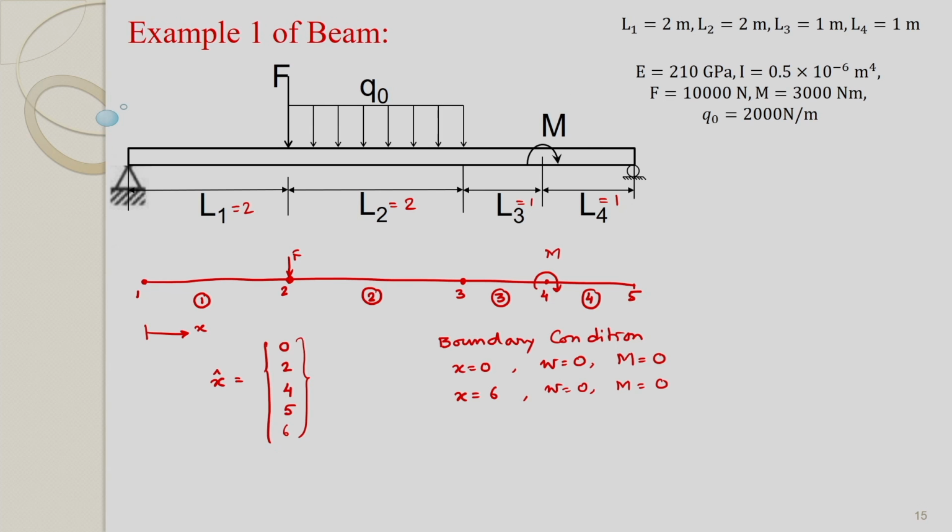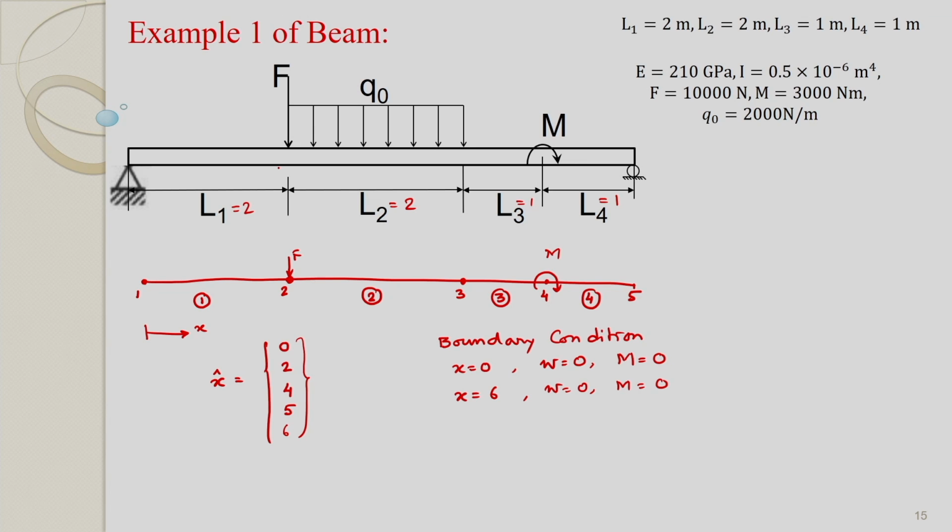So, also regarding sign, we know the point load is positive if it is downward, because our deflection convention is downward positive.